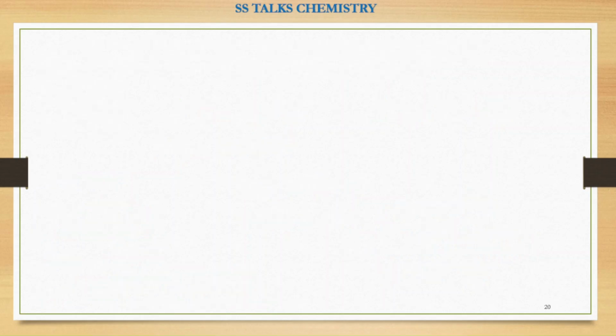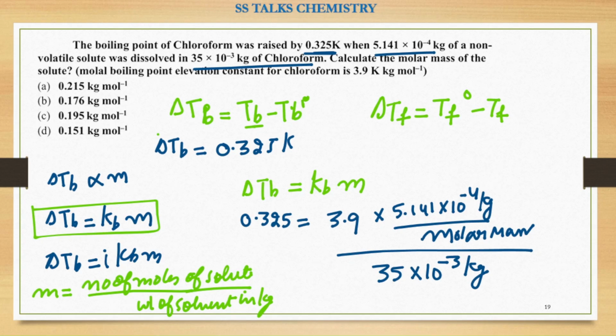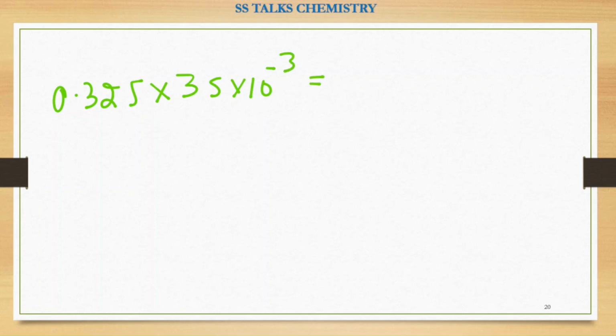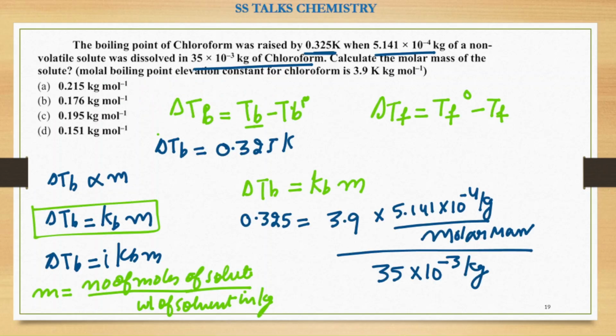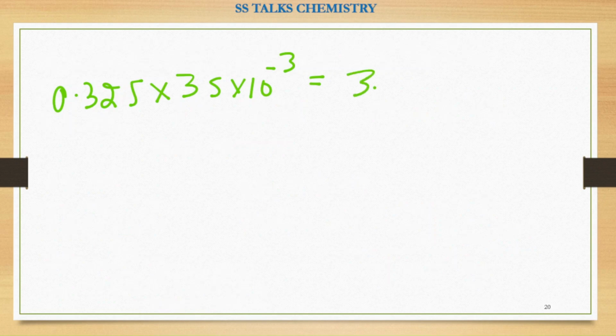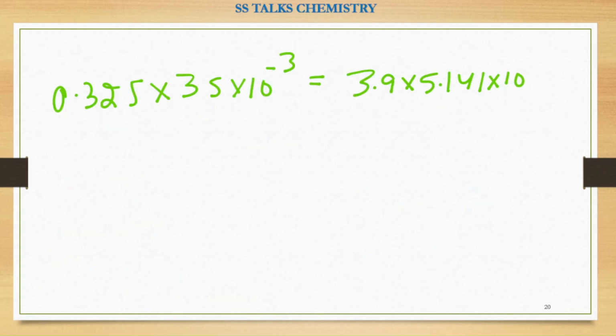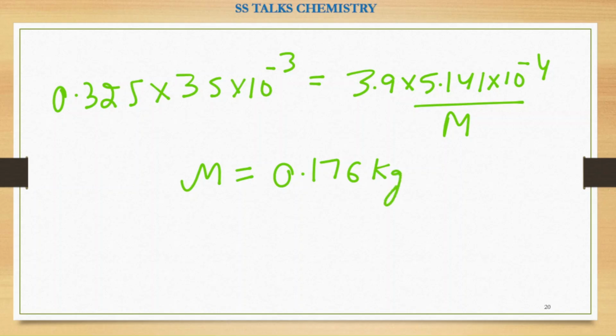Okay. So taking this to this particular side, 0.325 into 35 into 10 raised to the power of minus 3 will be equal to your Kb value, that is 3.9, into 5.141 into 10 raised to the power of minus 4, upon m. So when we calculate the m value, it will be 0.176 kgs per mole.